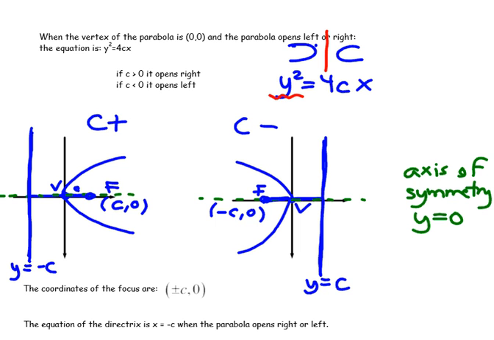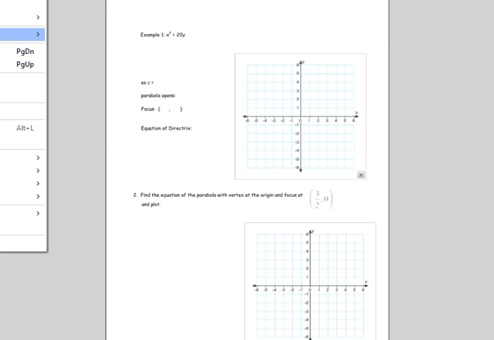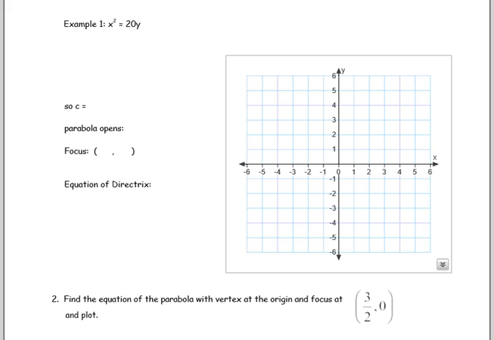So let's look at some examples. I suggest that you take a few seconds to try to graph it. Okay, so example number 1 is x squared is equal to 20y.